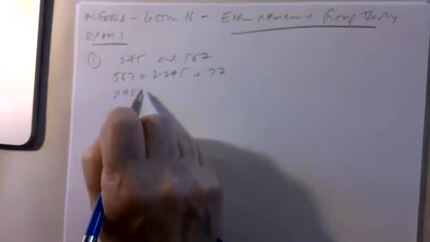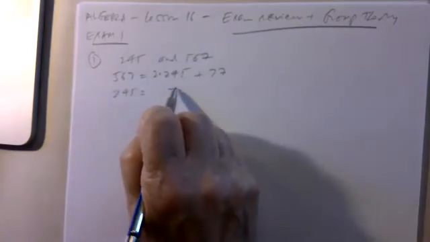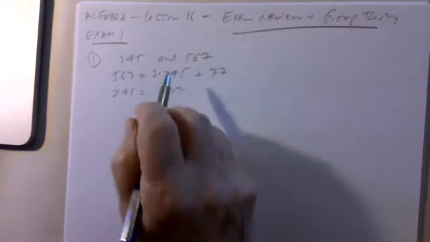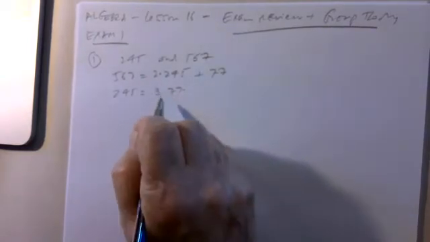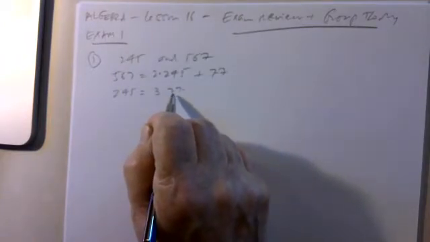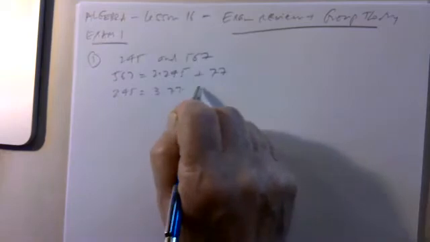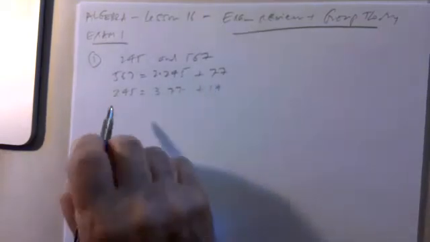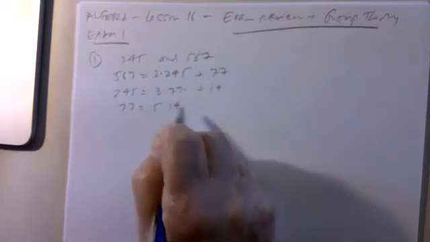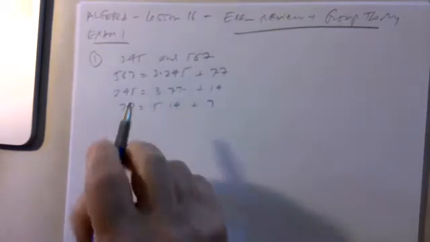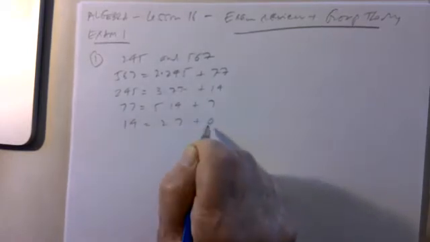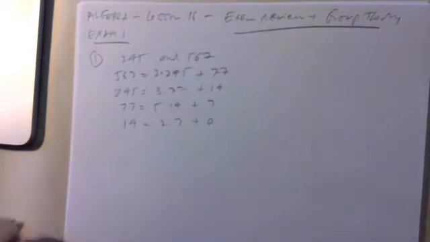And then you take 245 and you divide it by 77. And this probably goes in 3 times. Let's see, 3 times 77 is 231. So I think that leaves a remainder of 14. 77 is 5 times 14, and that leaves a remainder of 7. 14 is 2 times 7, and that leaves a remainder of 0.